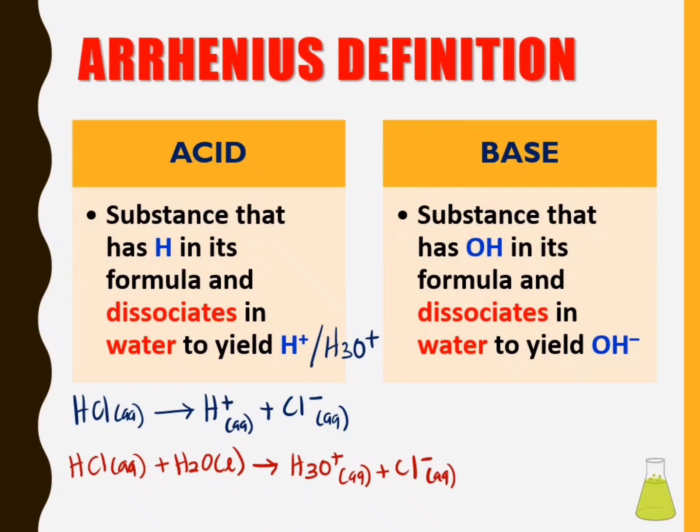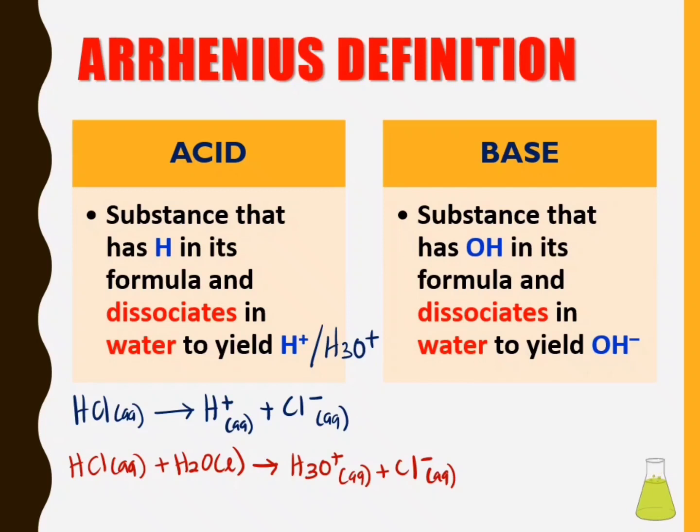Boleh? Okay, next we look at the Arrhenius base. Arrhenius base is substance that has OH in its formula and dissociate in water to yield OH-. So maksudnya kalau awak tengok dalam formula kimia nampak ada OH, so tahu oh ni base. Macam itulah konsep Arrhenius kan.